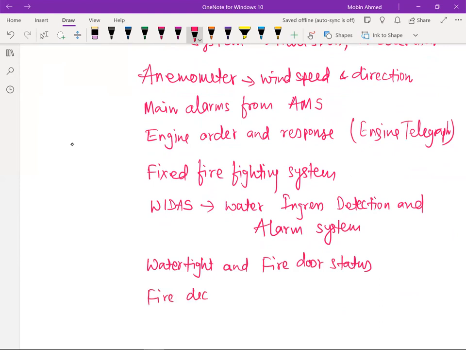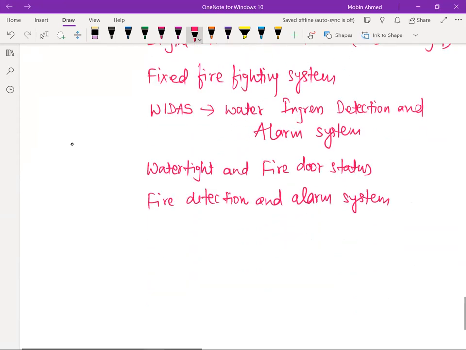Fire detection and alarm systems. Water mist system.